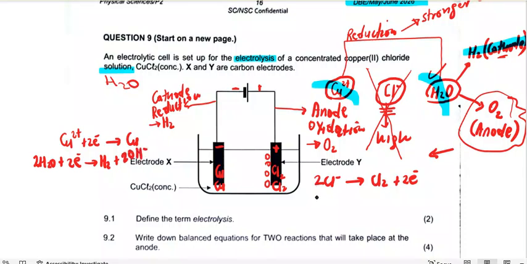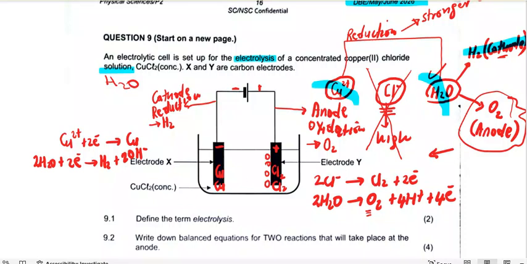This one competes with the formation of oxygen, that is 2H2O to form oxygen plus 4H plus plus 4 electrons. So oxygen will be formed by the oxidation reaction.